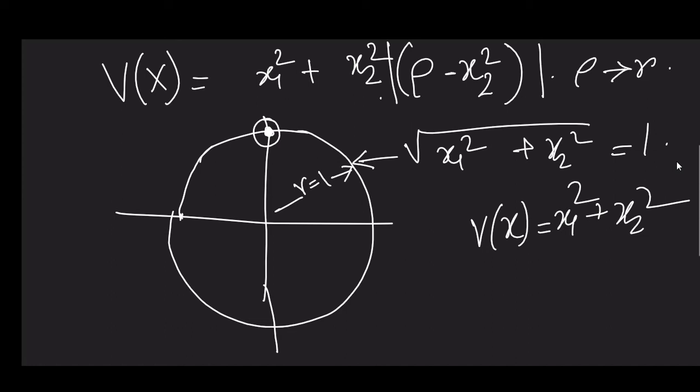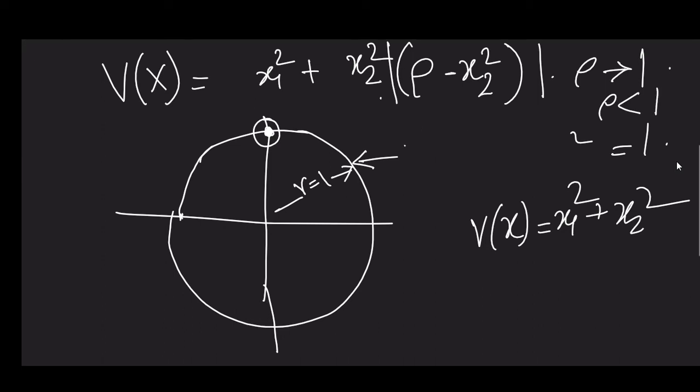Now you can see that if rho tends to 1, then you can have the minimum value here when x1 is equal to 1 and rho tends to 1. But there is a constraint that rho cannot be equal to 1.